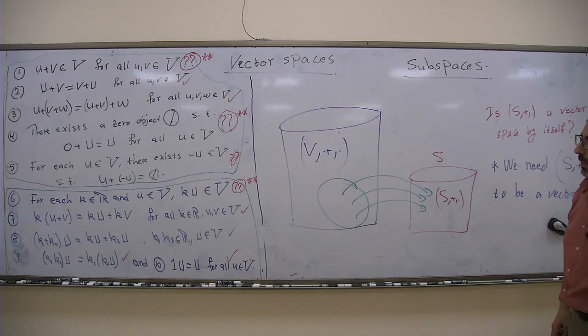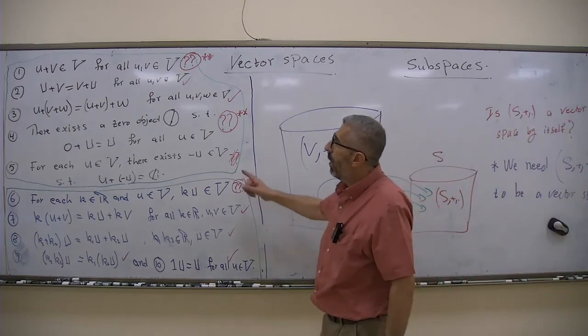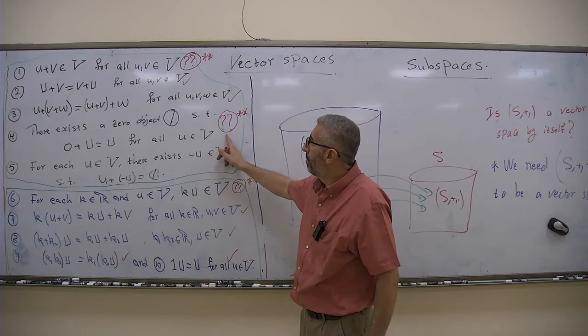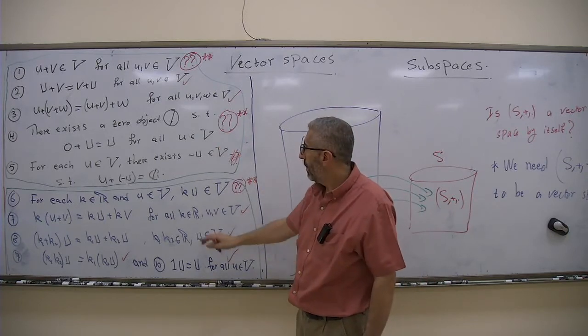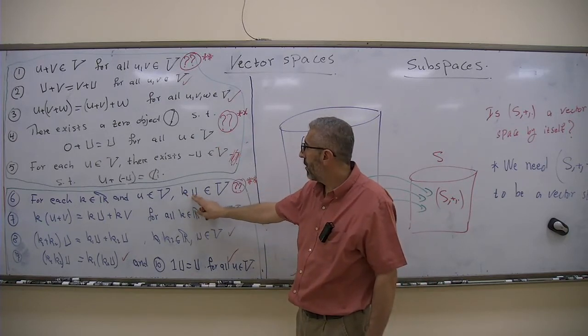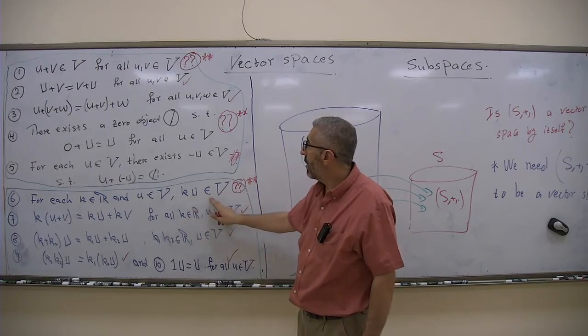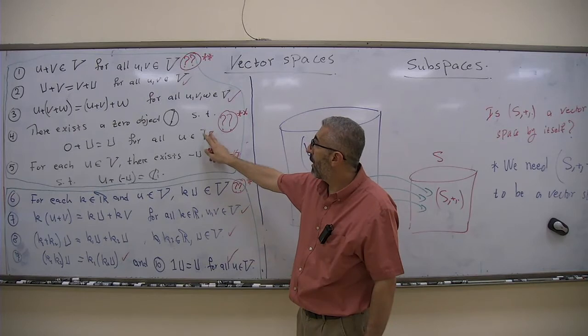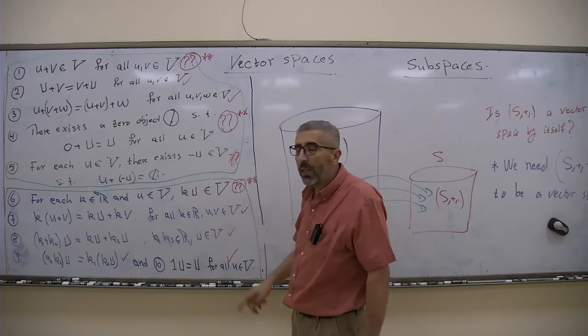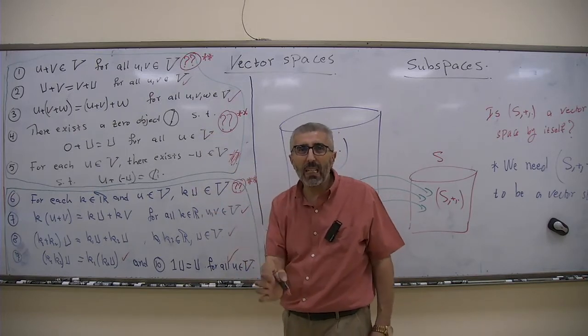In fact, this one, I don't need it. If I take k to be 0, then 0u is in V, and 0u is 0. So basically that I don't need it. However, I need to guarantee that my set V is non-empty.